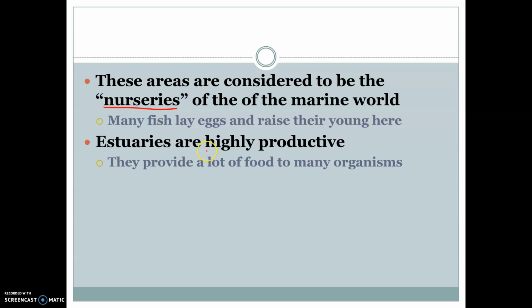They're also very highly productive, like we saw with our coral reefs. When we say highly productive, we see a lot of food being made in these areas to support many organisms, which is another reason that these different organisms are going to come here to raise their young, making it our nursery again.